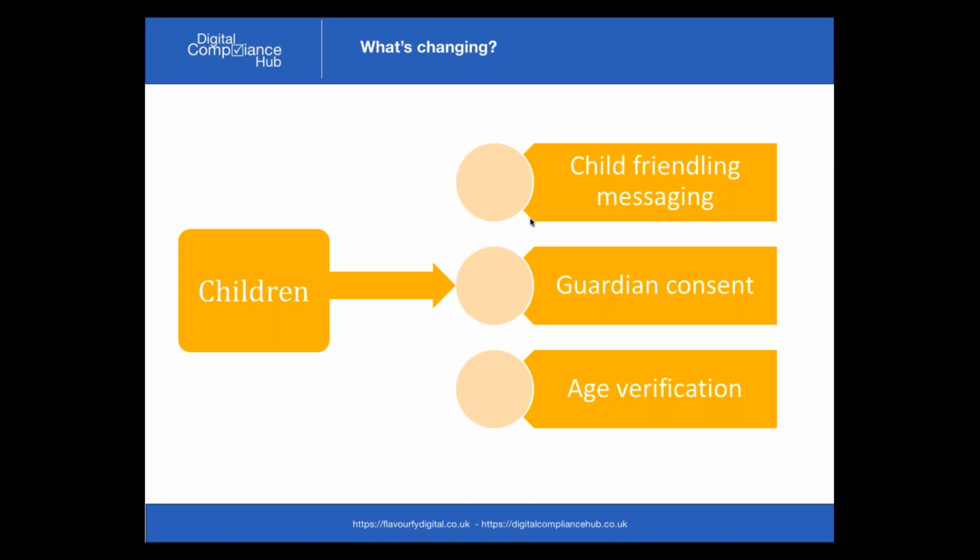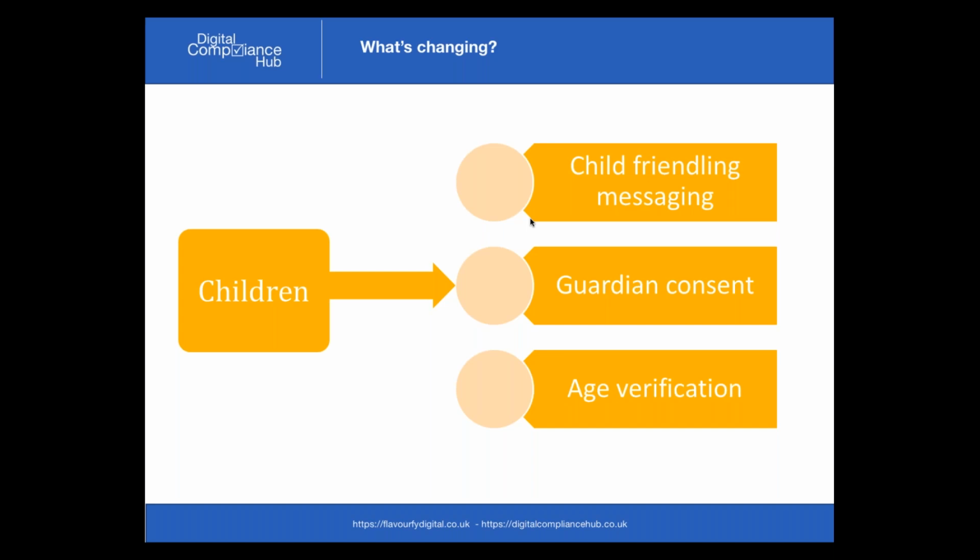And depending on the kind of service you're running, that might mean you need to consider age verification software or practices or processes to ensure that you're able to determine whether the person is a child, and if they are, that you need guardian consent and mechanisms in place to obviously record that consent at multiple levels as well.